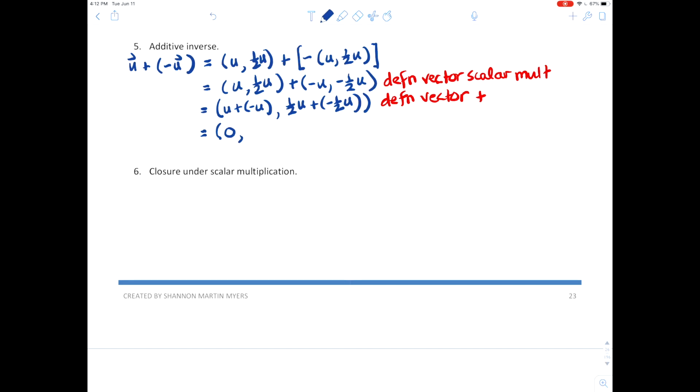That's what I'm going to do for the first one. And then for the second one, I'm going to use the distributive property, because we can use that in the real numbers.